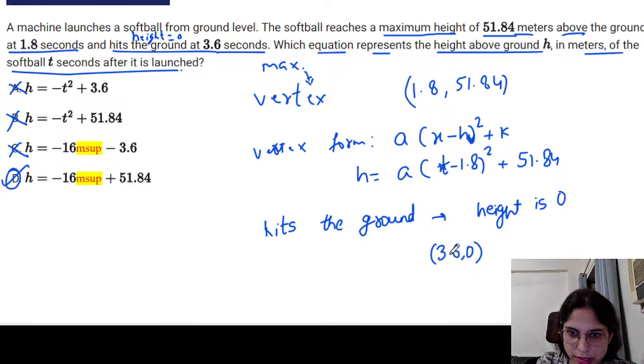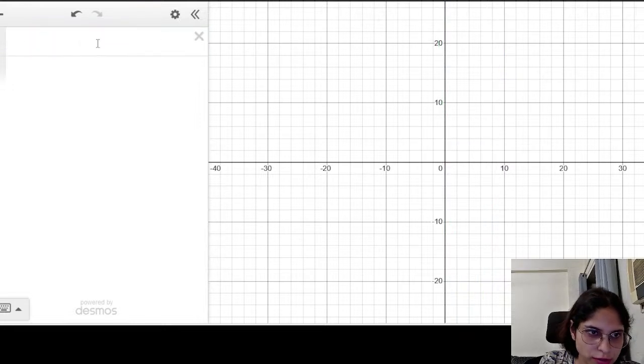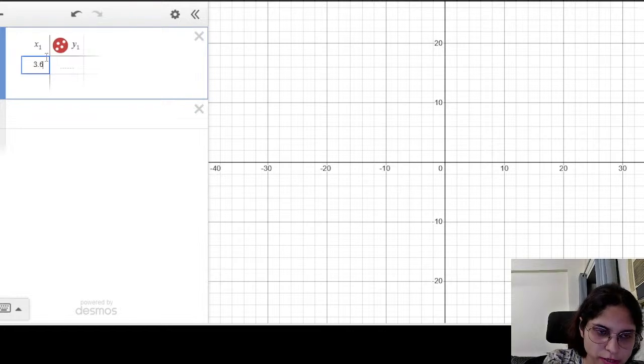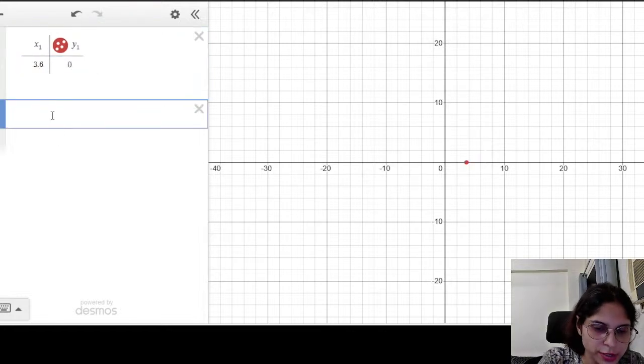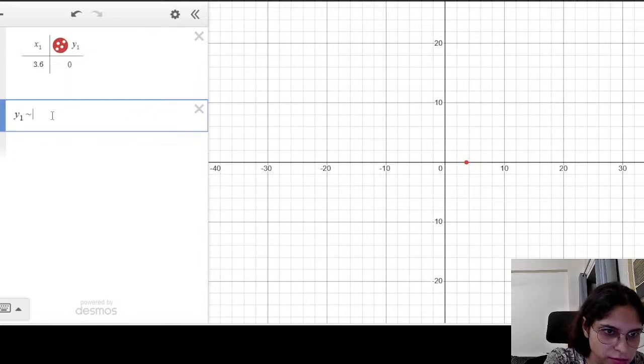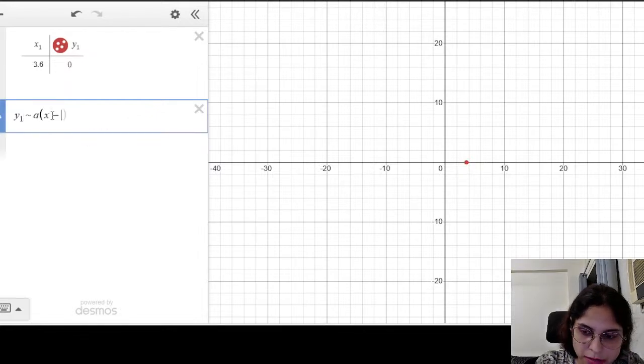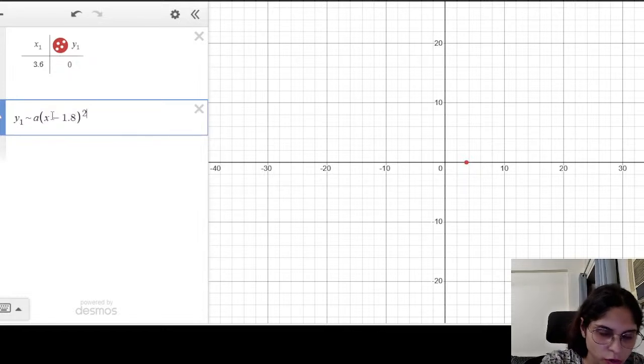So this other point is given to you. That is enough to get the value of a. Now what you do, you go here, you put the table. No need to put the vertex form, you just put at 3.6 it is 0. And now you just put y1 tilde a times (x minus 1.8) whole squared plus 51.84.